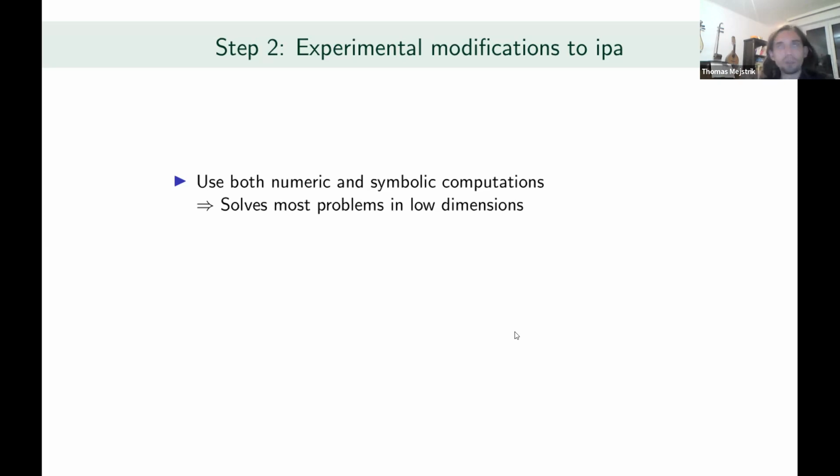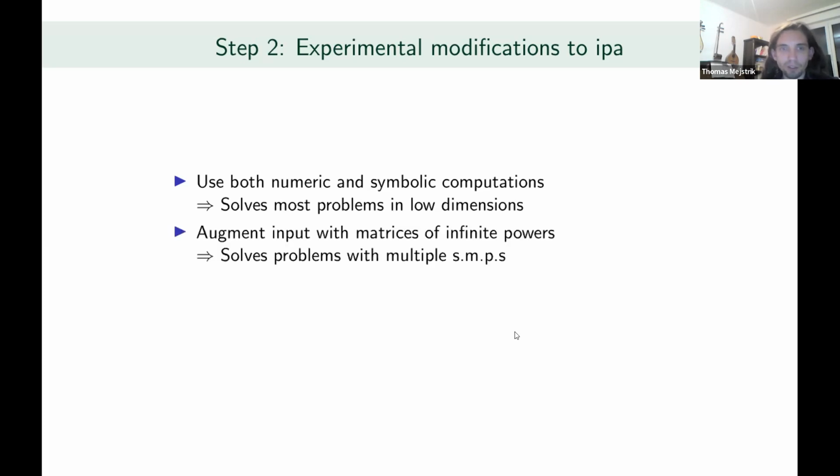By using a mix of symbolic and numeric computations, we can solve this problem quite nicely. Of course, this usually only works in low dimensions when we can write everything explicitly. Otherwise, we have to use roots of polynomials and all this stuff. This is not nice.